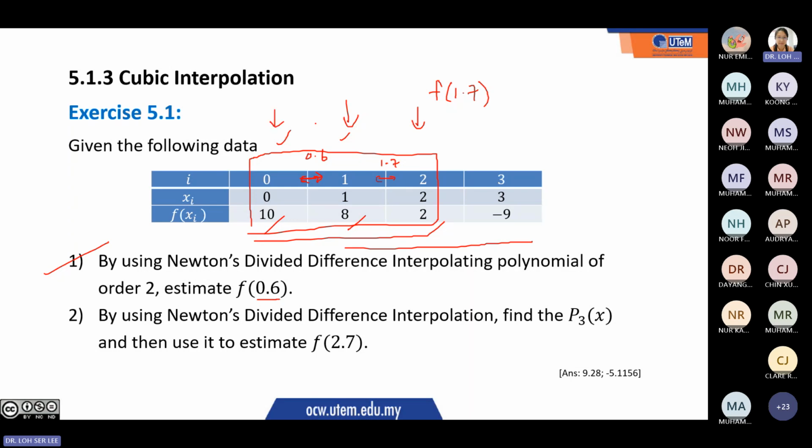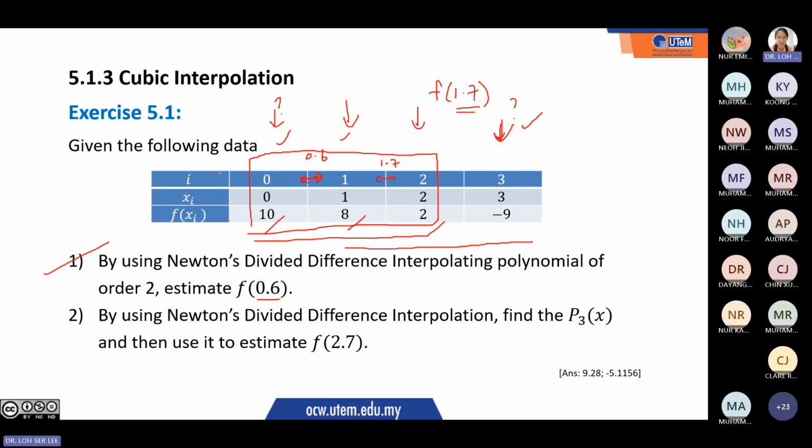And in between 0 and 3, the value of 3 is nearer to 1.7 compared to 0. That's why we choose the last 3 points. We will choose all the nearest points to this one for the computation.